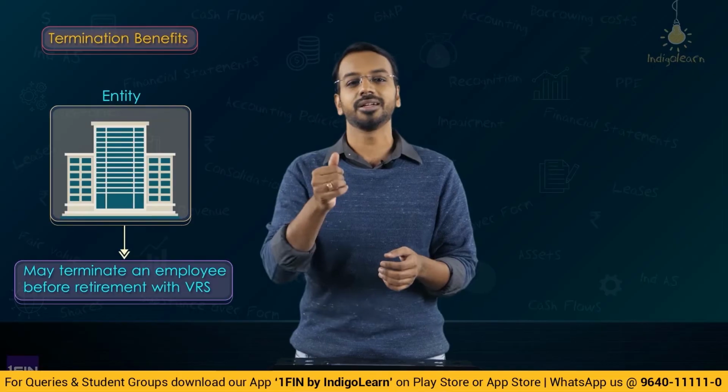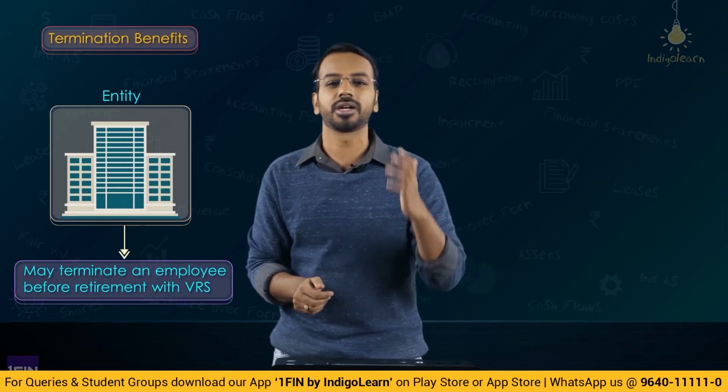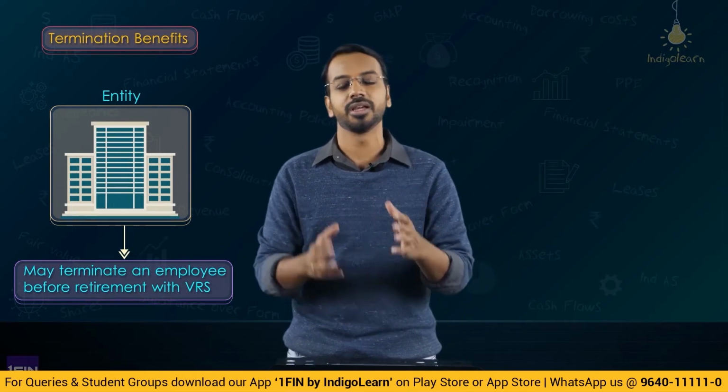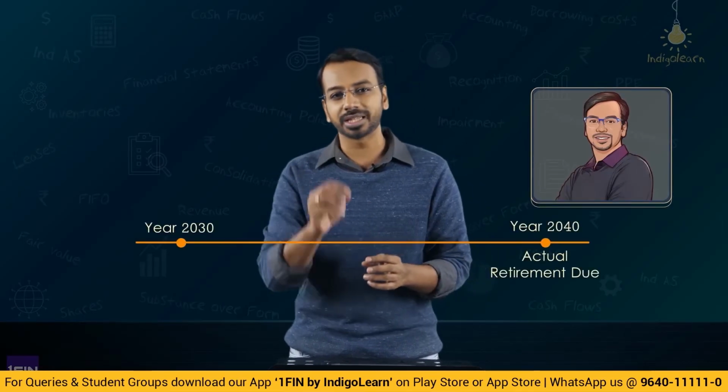Now, what is this termination benefit? Sometimes the employer may terminate the employee's services before the usual retirement date. Let us say the company came up with a voluntary retirement scheme. Technically, I was supposed to retire in 2040, but in 2030 they came up with a voluntary retirement scheme.